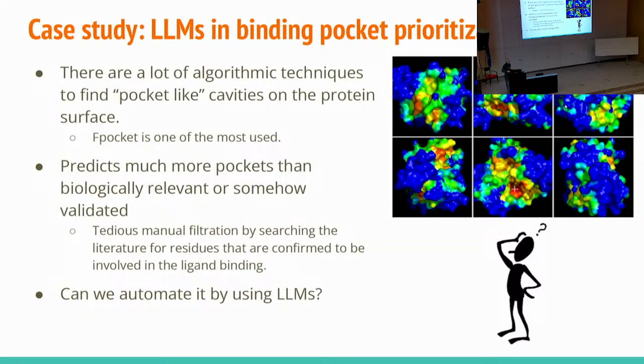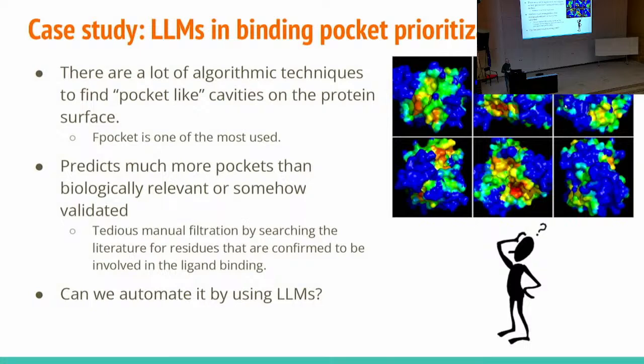One of them, which is arguably the most usable and reliable, is Fpocket. And this actually gives you a heat map on the protein surface where the binding pockets could be located. The problem is that it predicts much more pocket-like cavities than are actually biologically justified.